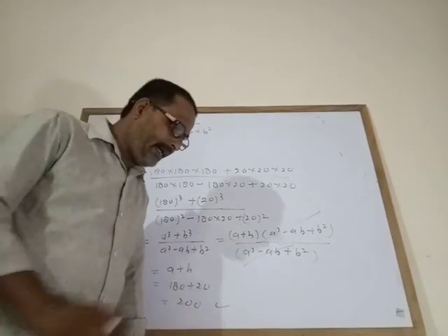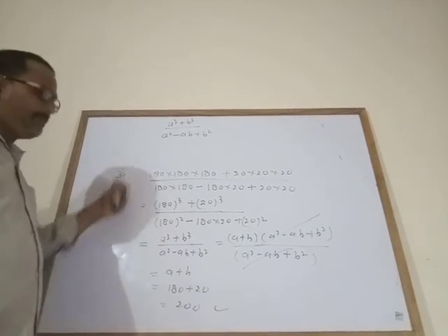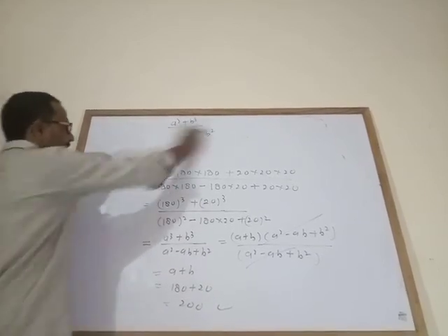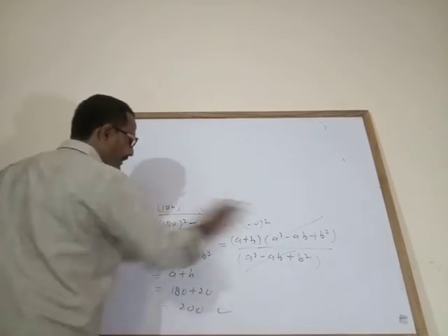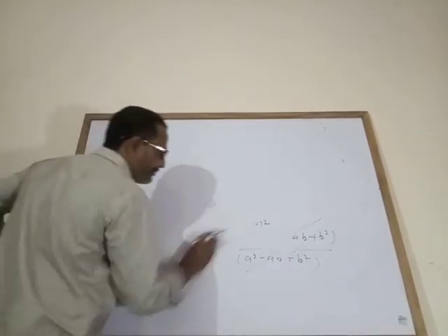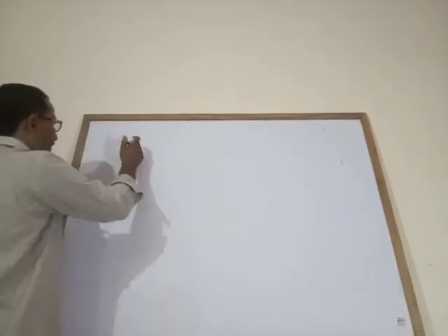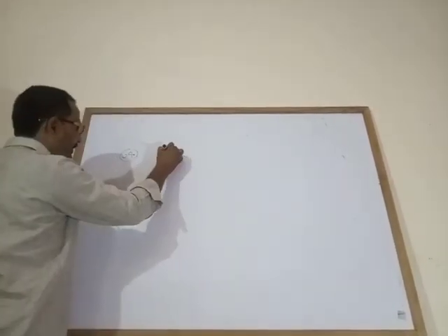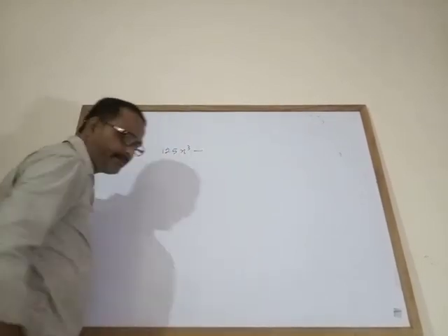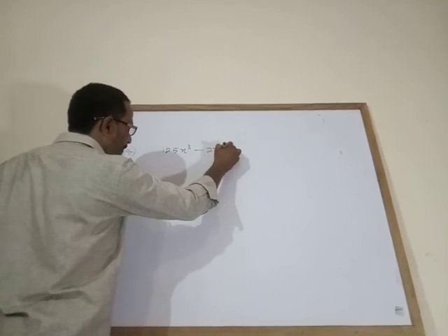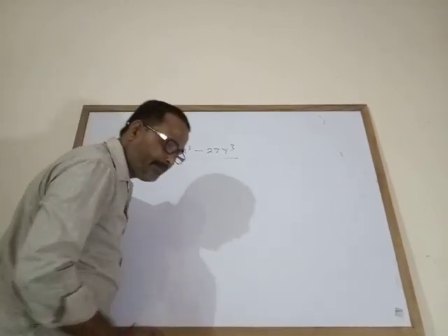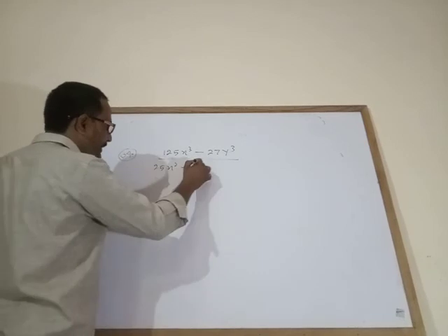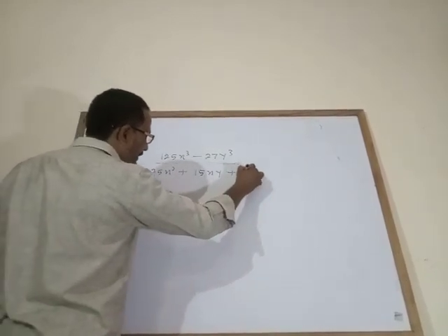Now see the last question, 34. Very important question, very important for other classes too. Question 34 is given: 125 x cube minus 27 y cube upon 25 x square plus 15 xy plus 9y square.